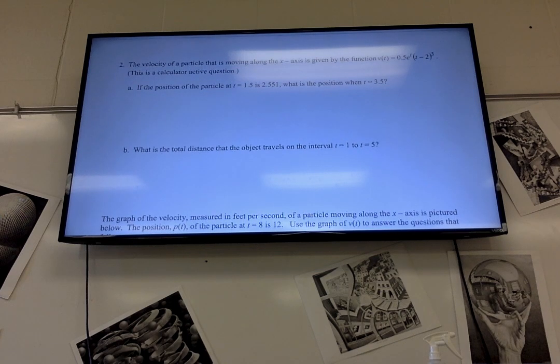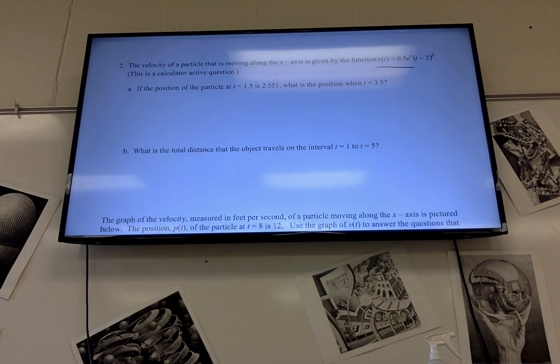The velocity of a particle that is moving along the x-axis is given by this equation, and it says this is a calculator active question. If the position of the particle at t equals 1.5 is 2.551, so how do I write that?